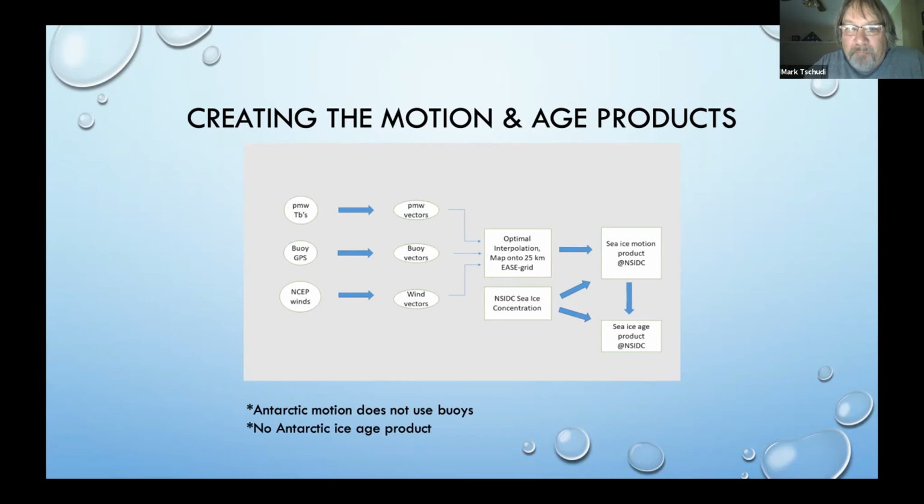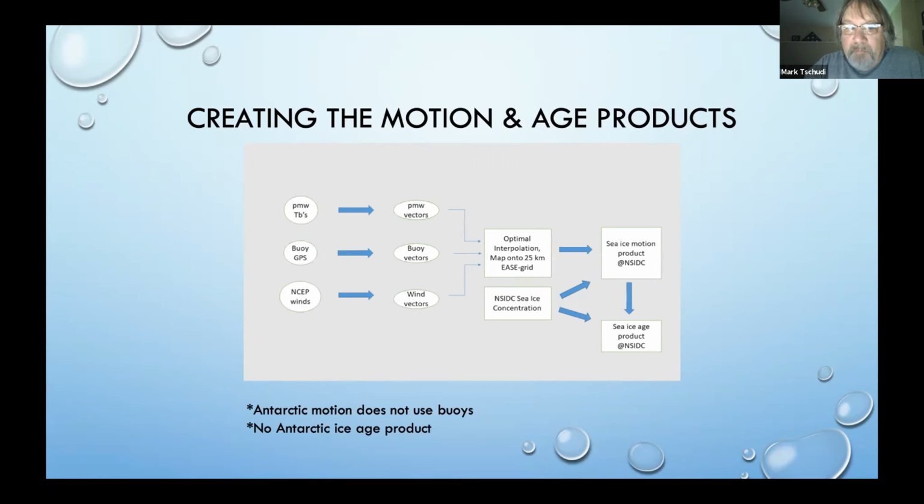So we import those, create vectors from them, and then through an optimal interpolation process, we map the merged motion vector onto a 25-kilometer EASE grid.